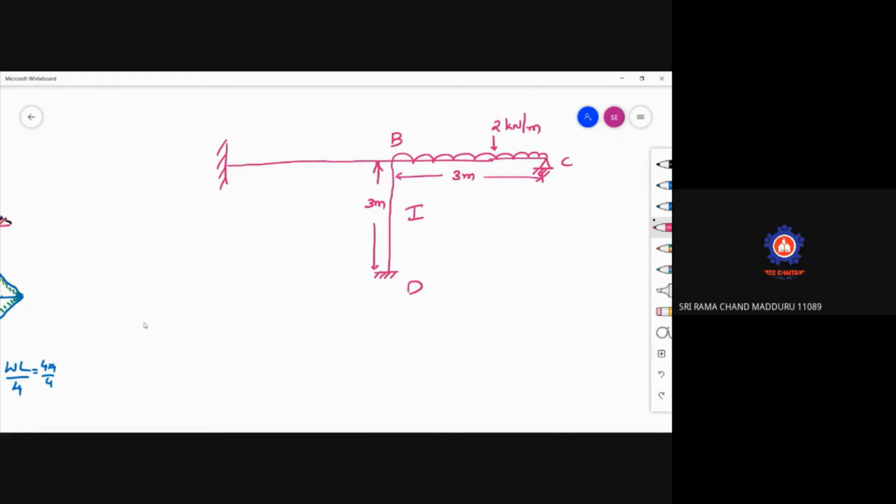So this is the frame given, and for this one, do it as a homework problem.